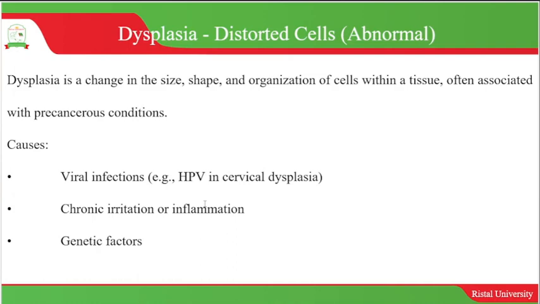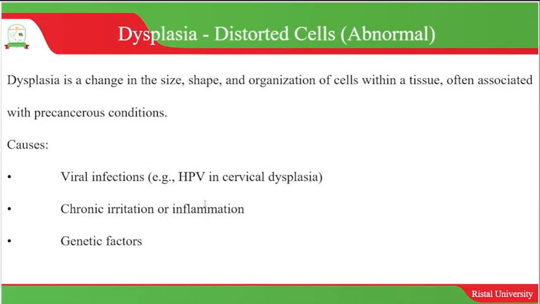Then these cells may also adapt to the cell injury or the exposure by becoming abnormal cells, and this is called dysplasia. Distorted cells are called dysplasia. So they may end up becoming distorted in size, shape, and organization of cells within the tissue, which is most times associated with precancerous conditions.